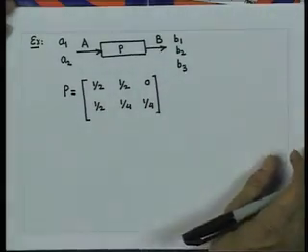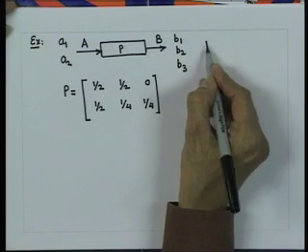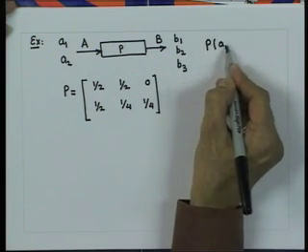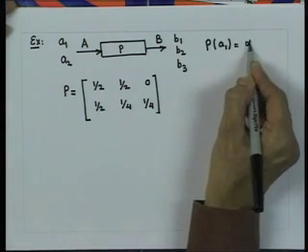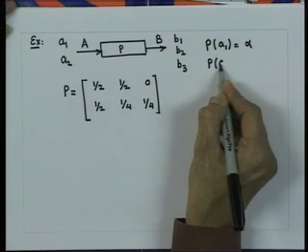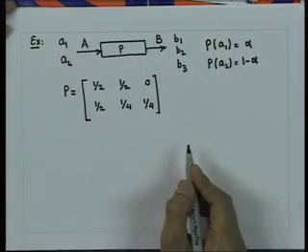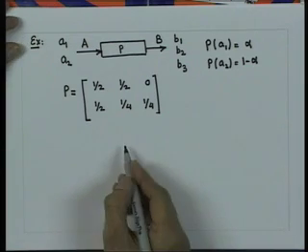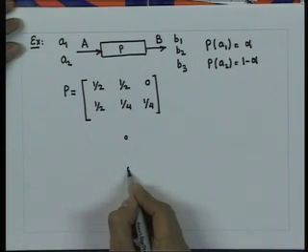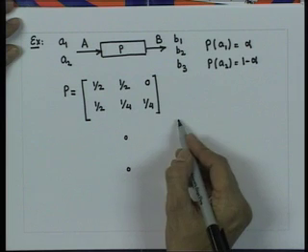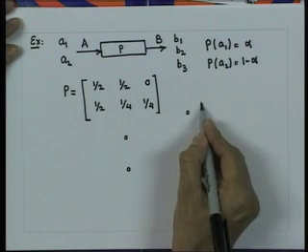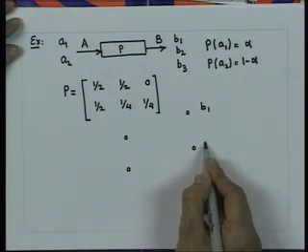So, for this, probability of A1 is equal to alpha and probability of A2 is equal to 1 minus alpha. Now, for this channel, the channel diagram can be drawn as follows.